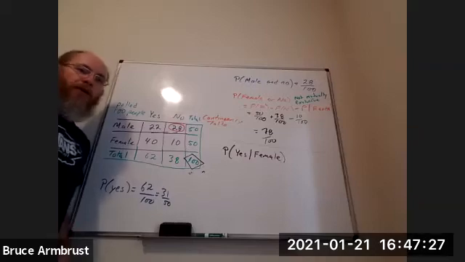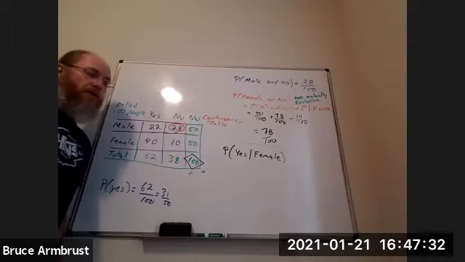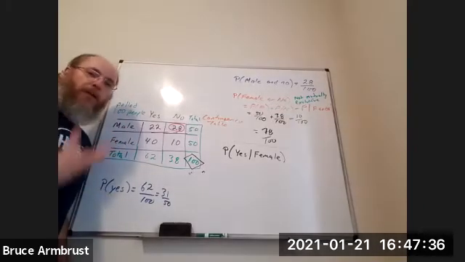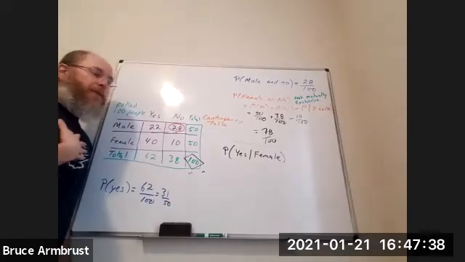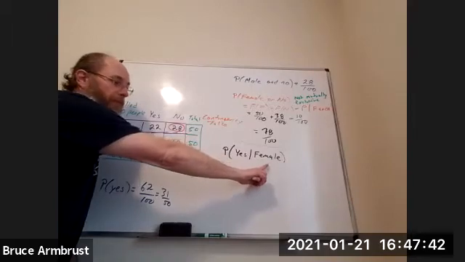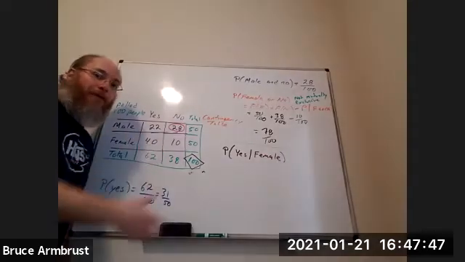All right, so conditional probabilities tend to be the ones that cause the most trouble for folks. So let's kind of work through this and give you an idea of how to do this. So here's what I do. The first thing I do is I look at the condition. In this case, the condition is the person I pick has to be female.